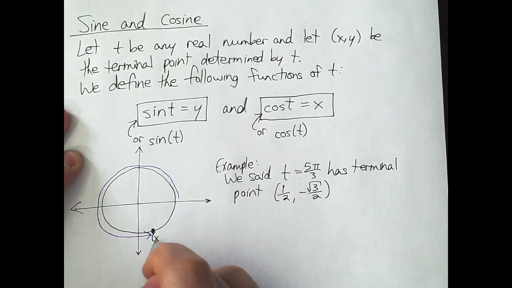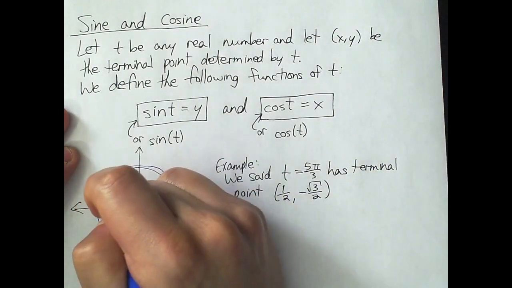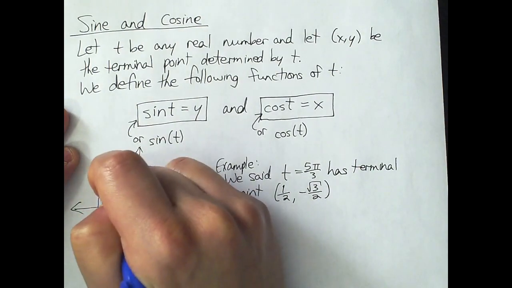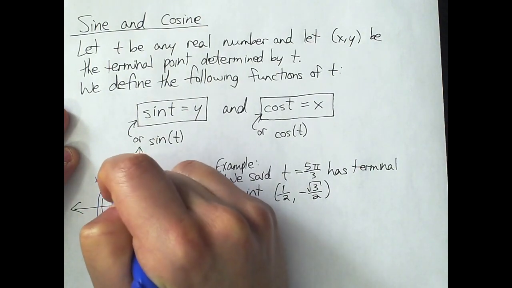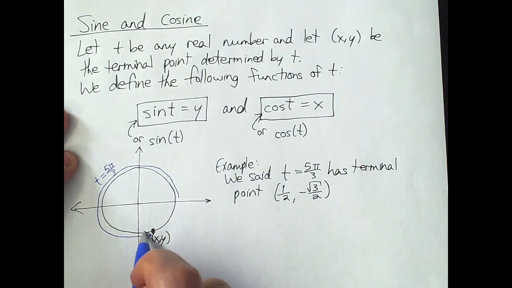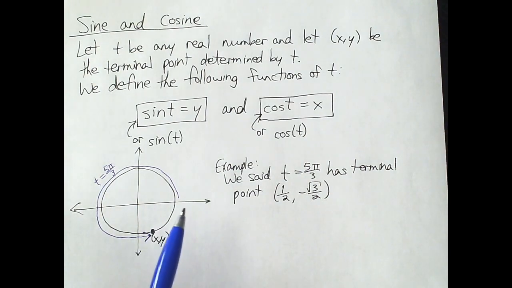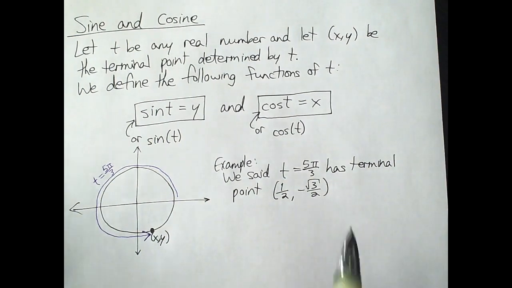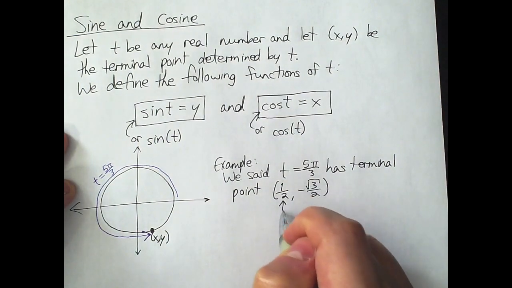If we think of that as our x comma y, here maybe I'll write the t value, t equals 5 pi over 3. I'm writing the t value on the blue curve that I put on the outside, the blue arrow. So you go t equals 5 pi over 3. It takes you some distance around the unit circle. Eventually you stop at some terminal point. We know that this is what this terminal point is. We found it earlier.